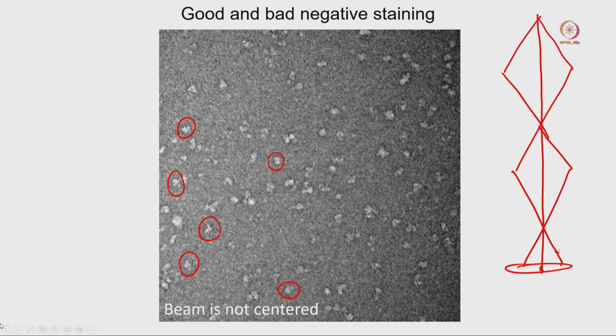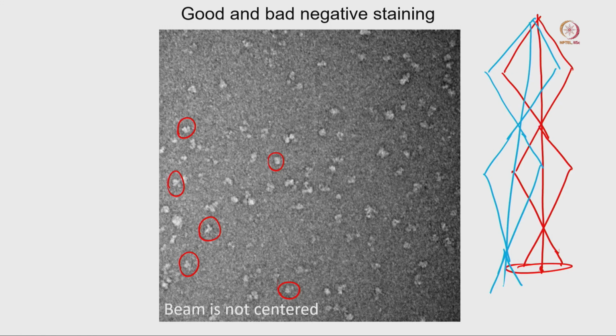Now, if there is a little bit of shift, if our alignment is not proper, it will come in this way and it will give us some kind of image like that. So it is deviated from the optical axis, and then definitely when you try to image, you have a camera here.